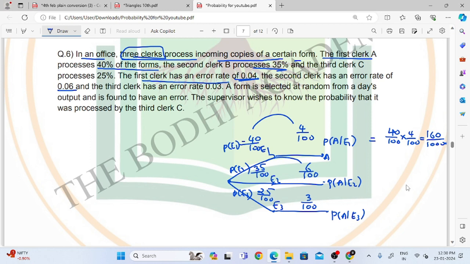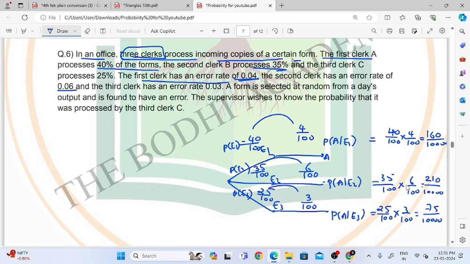Then multiply 35 upon 100 into 6 upon 100. So 35 into 6, you will get 210, in the denominator 4 zeros. Here also multiply 25 upon 100 into 3 upon 100. So 25 into 3, that is 75, in the denominator 4 zeros.